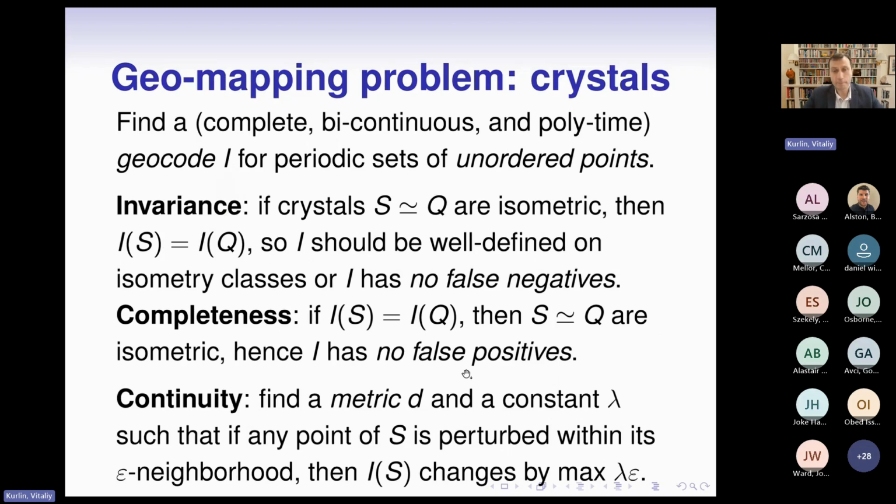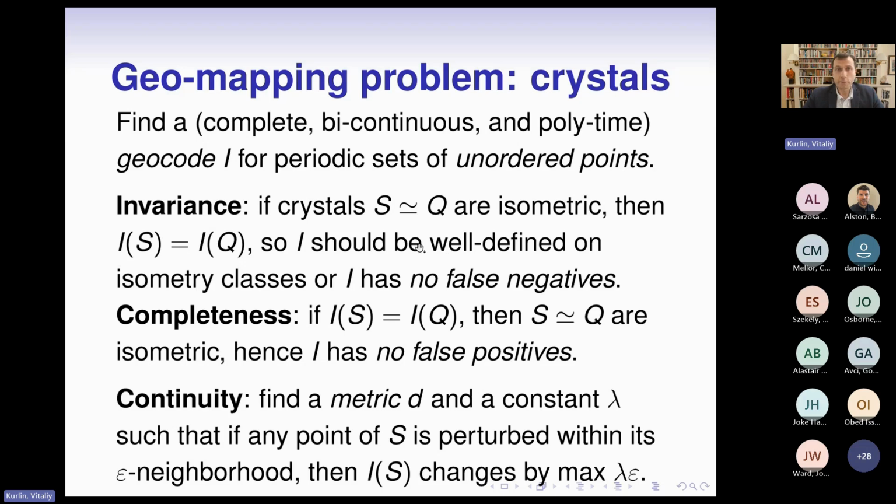So the formal problem, stated here for periodic sets of points representing crystals, but actually the same problem makes sense for many other objects. In the simpler case for molecules, or you could consider even disordered materials, any objects you like.